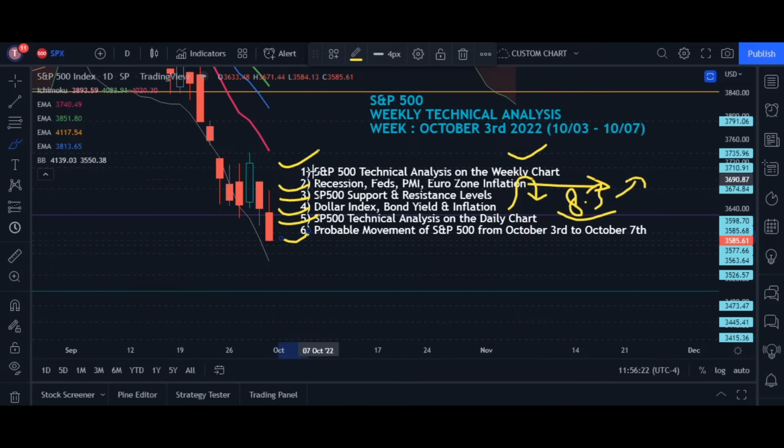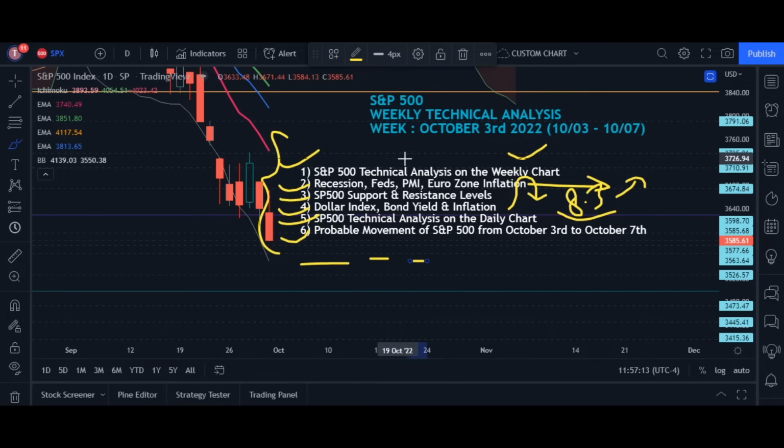And guys, once again, each and every part is very important, and this analysis may be lengthy, and if you want to skip any part, you can skip, that's not a problem. But each and every part contains a lot of information that you are not going to find anywhere. If you think that in the dollar index, bond yield and inflation section I will discuss only those, no, I will discuss these things and their impact on the S&P 500, the Dow Jones, the Nasdaq, and the entire stock market.